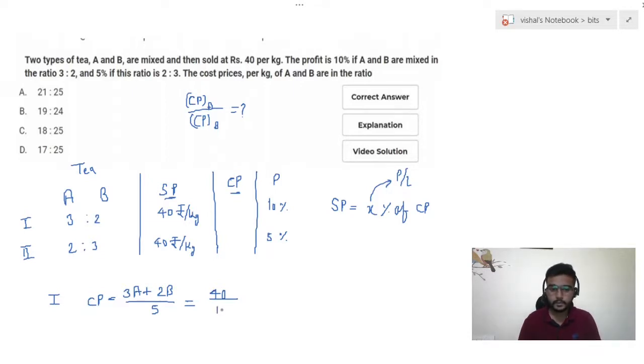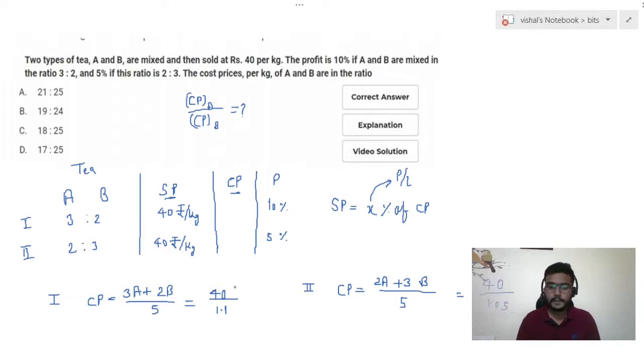So it will come out to be 1.1, because 10% profit means 100 plus 10, 110, so it will come out to be 1.1. In the second case, we are obtaining cost price equals 2A plus 3B divided by 5, which is equal to the same selling price 40 divided by the percentage ratio, 5%, that is 105 divided by 100, which will come out to be 1.05.